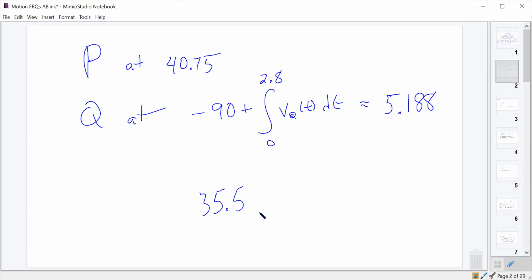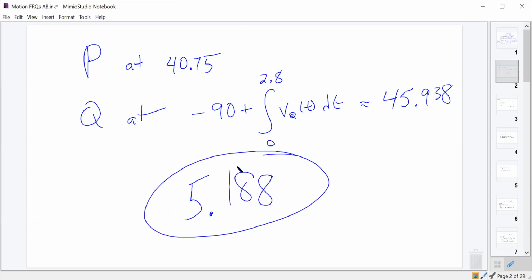Nobody subtracted that and got a final answer? Oh, 5.562? That makes sense. Your difference was distance, 5.188? You told me the wrong thing. Does that sound better to everybody? Yeah, and then we subtracted 40.75 from that, and your difference was 5.188.